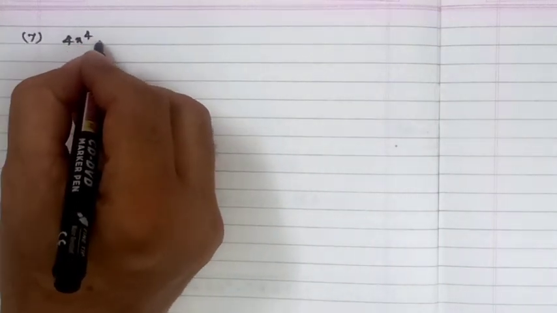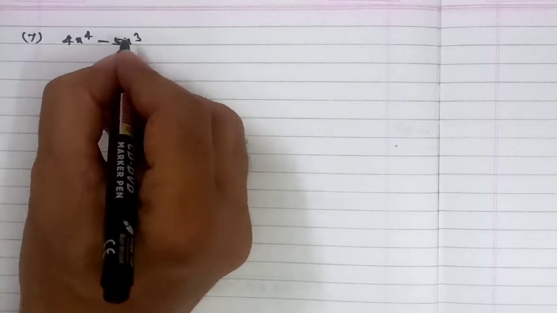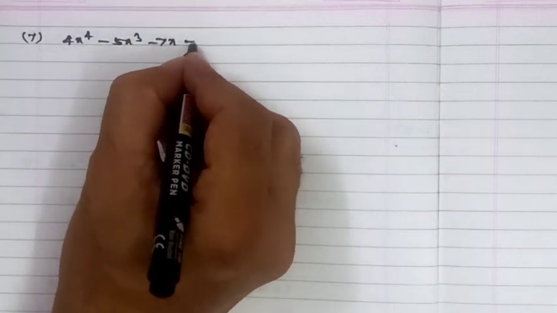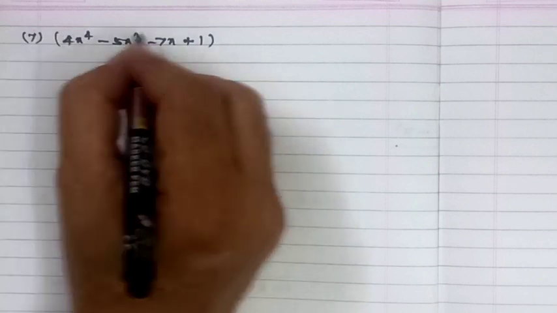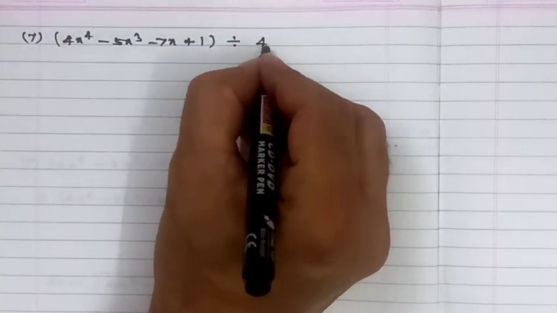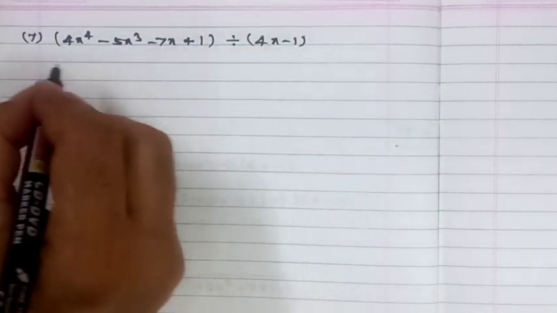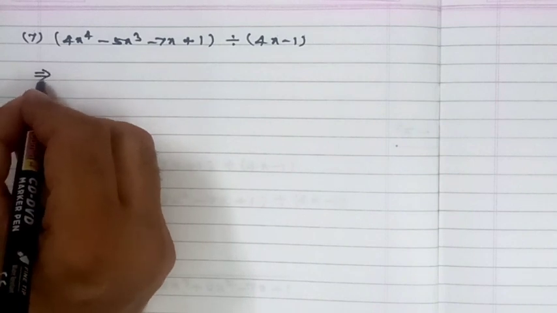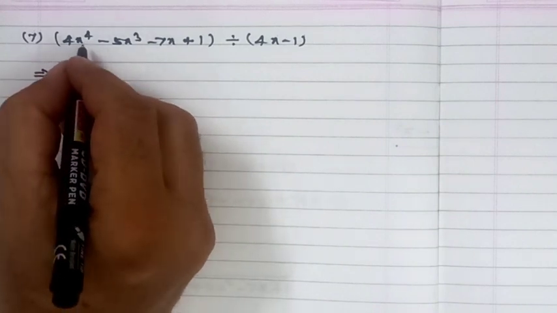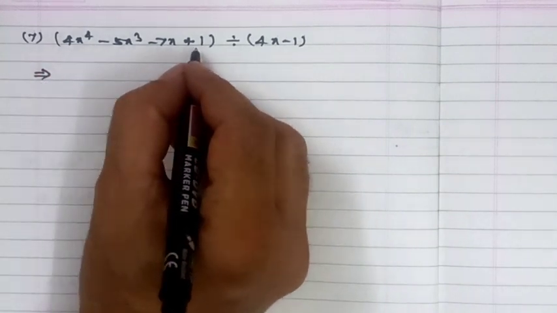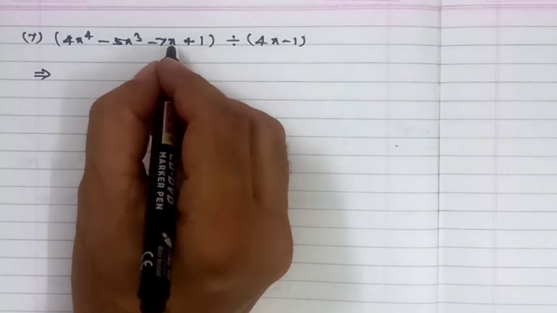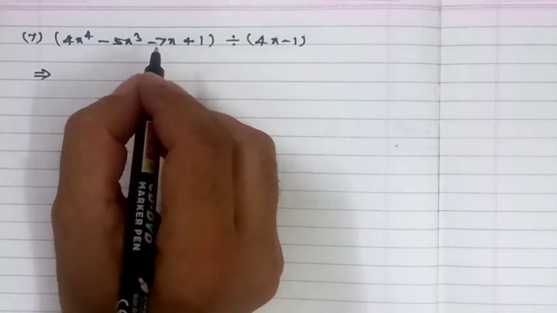Seventh question, 4x raised 4 minus 5x cube minus 7x plus 1 divided by 4x minus 1. Now look at this dividend. Here the terms are in the descending order, but the term containing x square is missing.